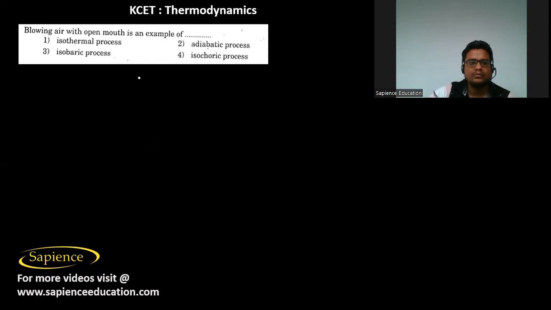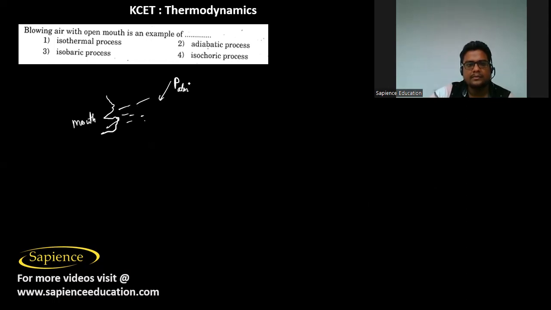Then here it is told blowing air with open mouth is an example of. So when air is blown from the mouth, then the external pressure is the atmospheric pressure.